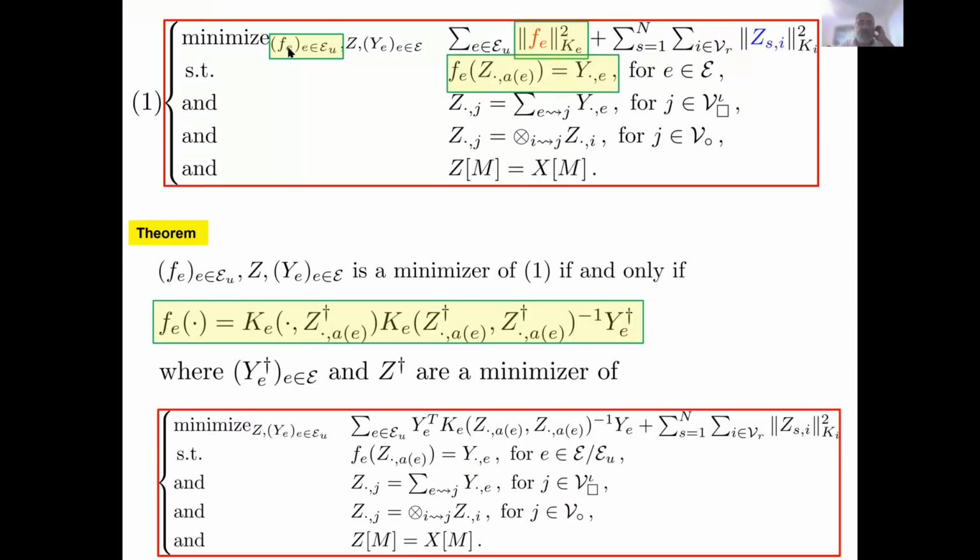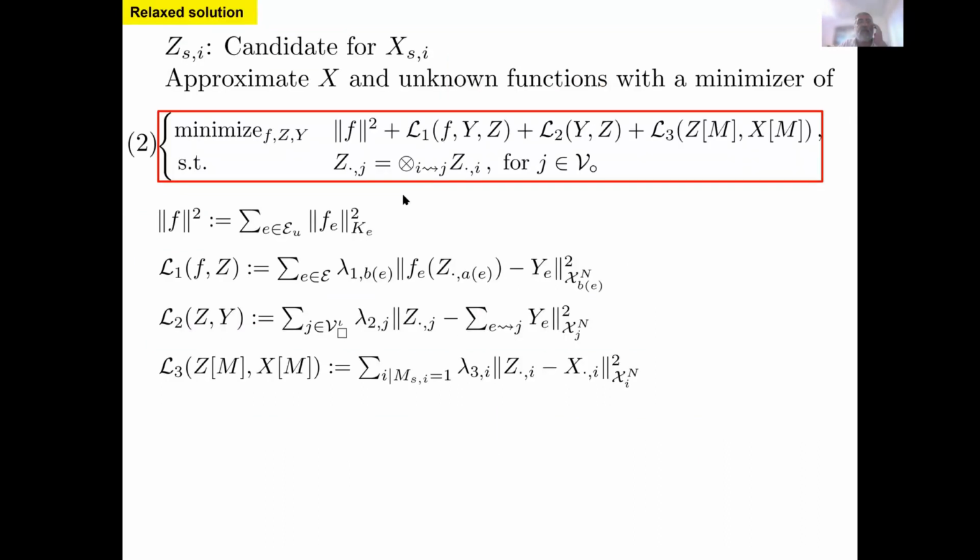Now, this is an infinite dimensional optimization problem, but if you minimize the loss with respect to the unknown functions first, then you realize that this is a quadratic optimization problem, and you can identify those unknown functions as a function of the optimization variables Y and Z, which are in turn identified by solving the following reduced optimization problem, which is computationally tractable. Now, all the previous equality constraints can be naturally relaxed through the use of noise variables.